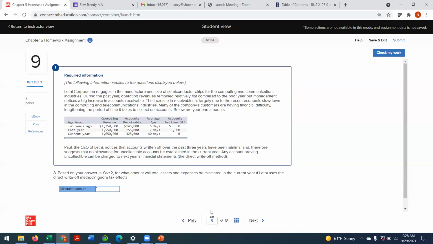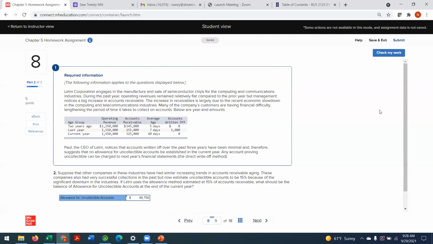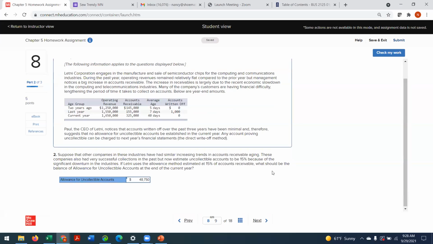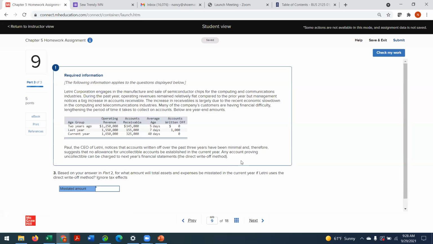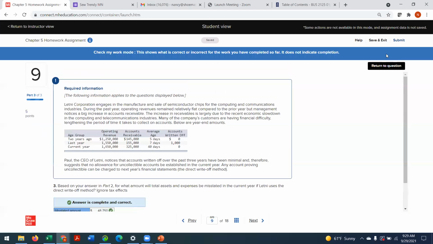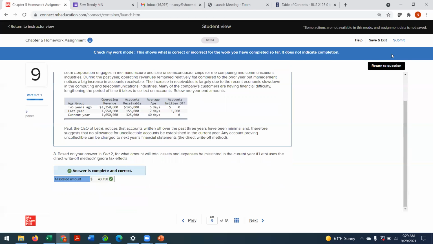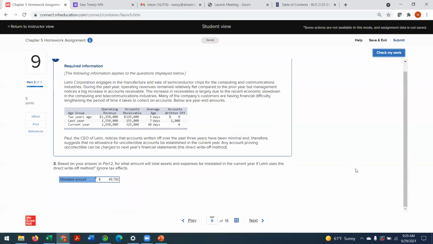Wouldn't it be the same amount as the previous one we just did? Because that 48,750, guys, the 48,750 would show a debit to bad debt expense, and it would show a credit to the allowance of uncollectible accounts.